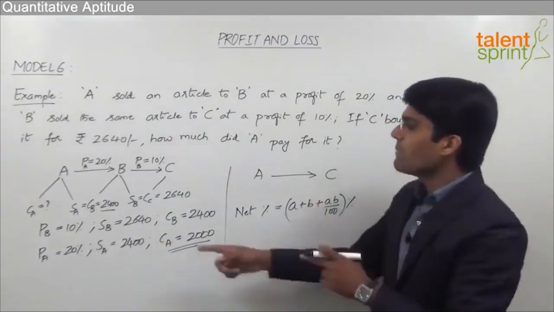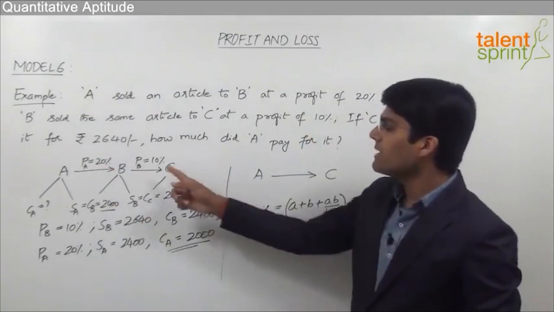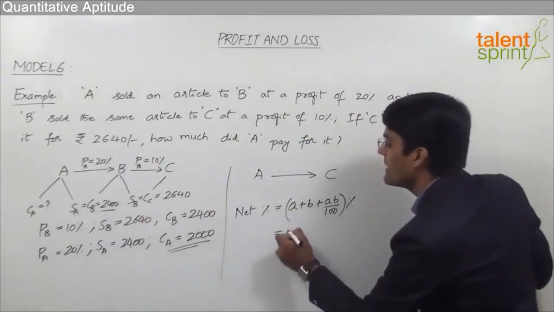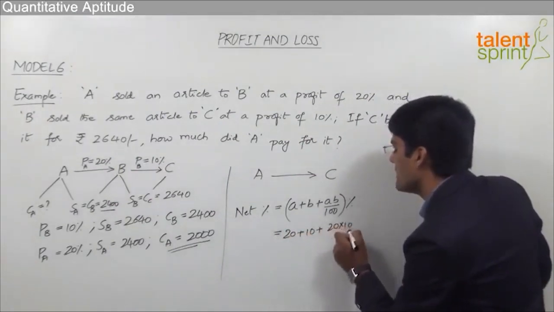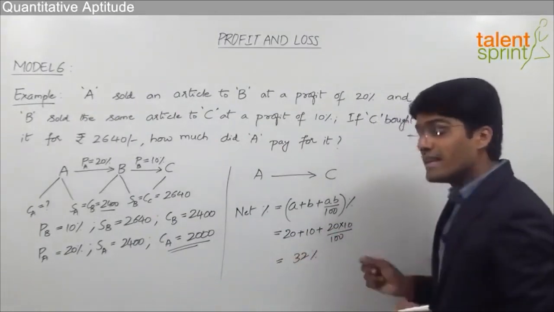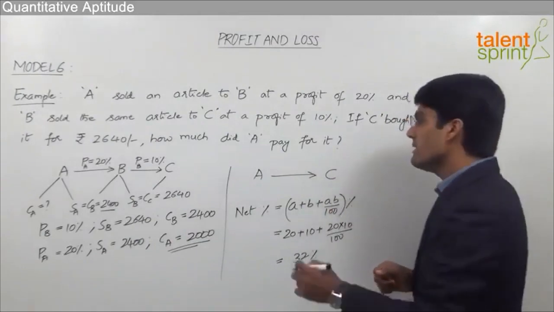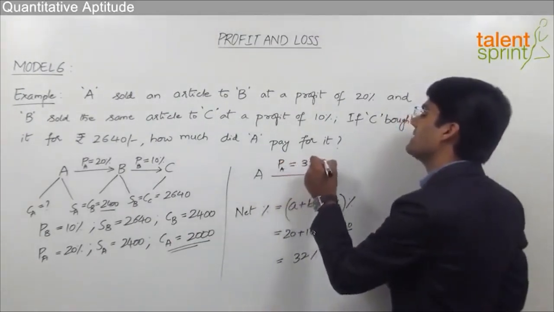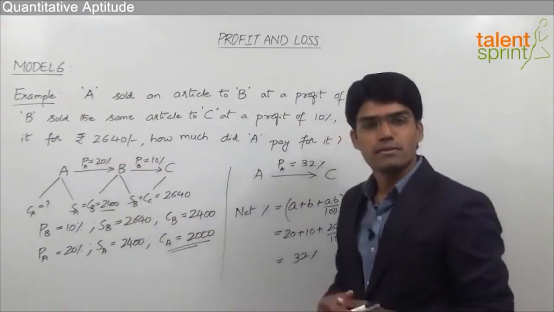A here is nothing but the profit of person A, which is 20%, and B here is nothing but the profit of person B, which is 10%. So substituting the values here, we get 20 plus 10 plus 20 into 10 by 100, which comes out to be 32%. So very clearly, if A directly sells the article to C, then he would be making a profit of 32%. That is the net profit or the effective profit for these two given values.